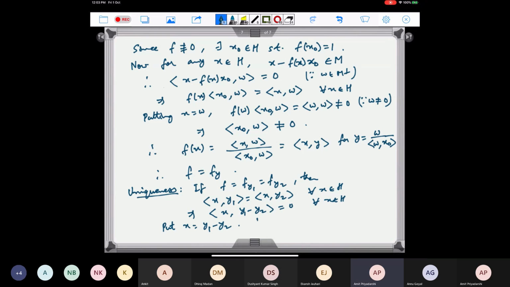Then we get that the norm of y1 minus y2 squared is 0, which implies y1 equals y2.